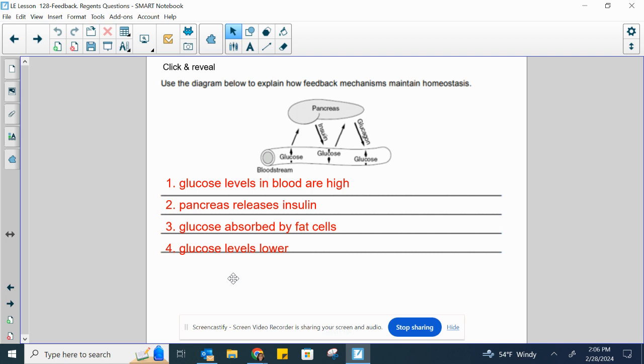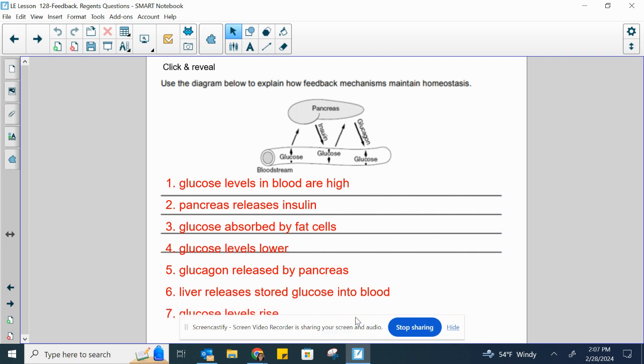That will cause glucose levels in the blood to lower. If the glucose levels get too low, glucagon will be released by the pancreas, and then the liver will release glucose into the blood. And then the glucose levels rise back to normal.